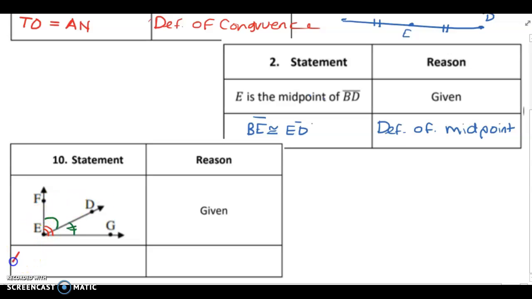Okay, so I could say angle FED plus angle DEG equals angle FEG. Okay, and just for what that one sheet said, that is the angle addition postulate.